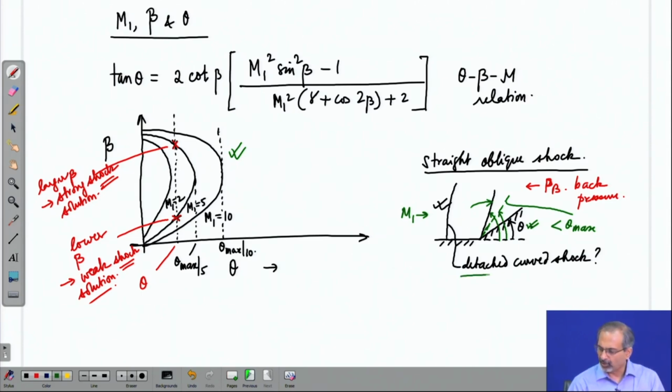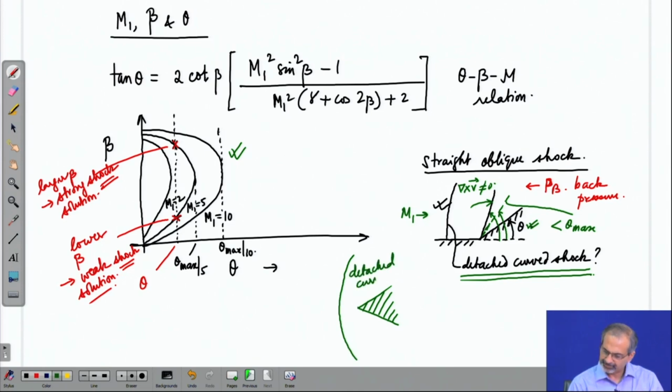So, we showed a possibility of a so-called detached curved shock, and I have already mentioned in an earlier lecture that the flow behind a curved shock is rotational. That is also something that one has to keep in mind. Let us say instead of a compression corner, this was happening for a flow past a wedge. How would a detached shock look in the case of a wedge?